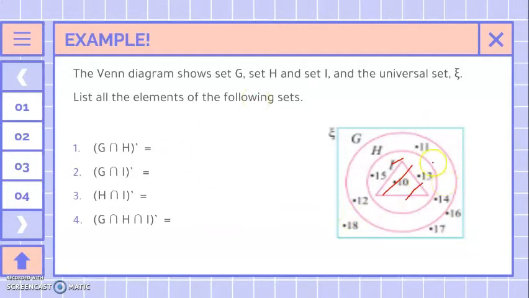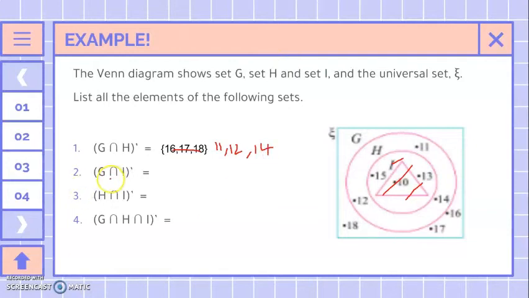So the complement is 11, 12, 14, 16, 17 and 18. So the answer is wrong. We just need to add 11, 12, 14.